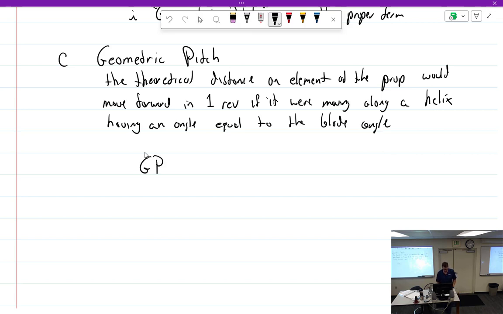Geometric pitch equals 2 pi times r times tangent of blade angle.